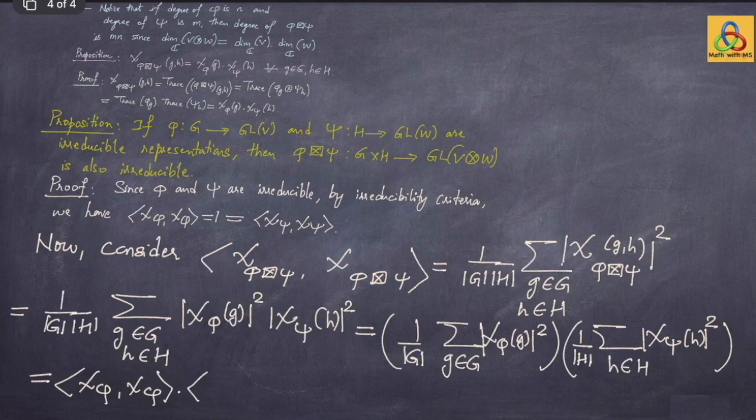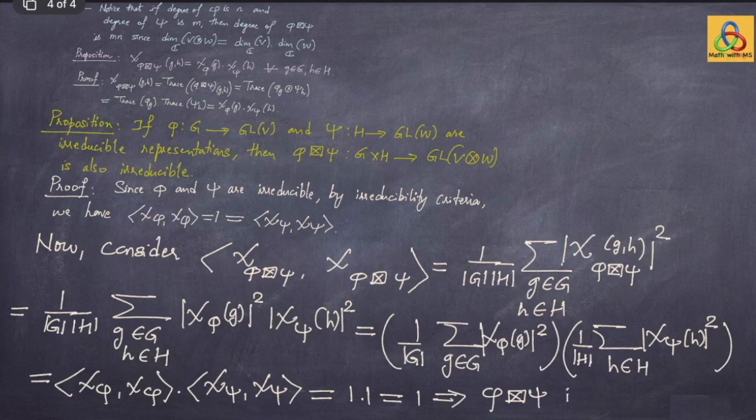But this is just same as inner product of chi phi with itself times inner product of chi psi with itself, which is 1 into 1, that is 1. So by irreducibility criteria, it turns out that the exterior tensor product of two irreducible representations is again irreducible.